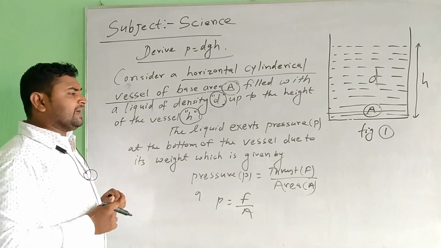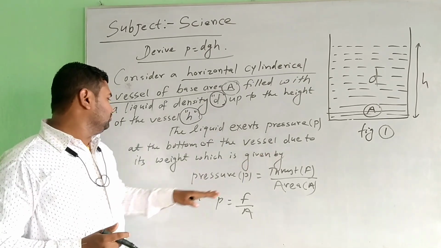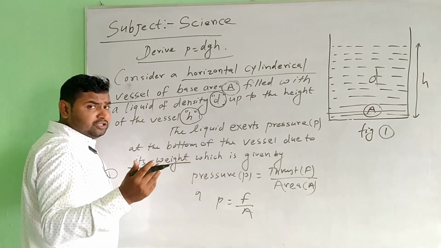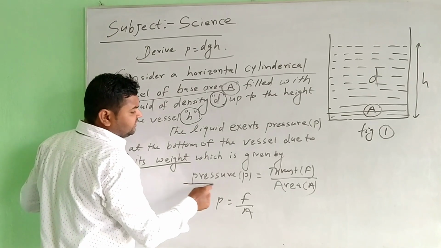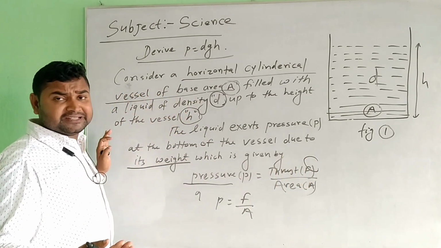Now, as we know, the liquid pressure exerted at the bottom of the vessel is due to the weight. Pressure is force by area, as we have already derived in the previous class.